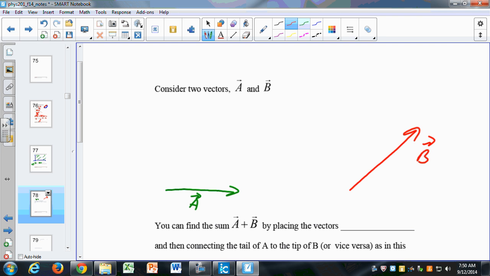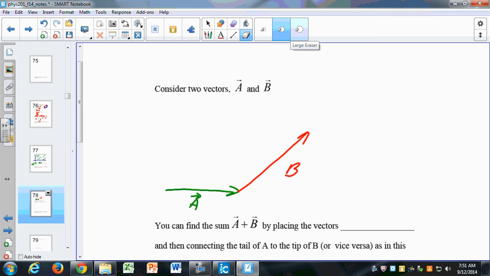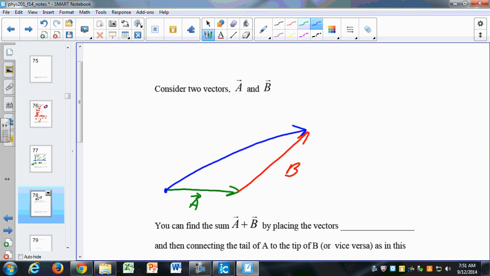So I can take this vector B and translate it over here. That's my vector B. Then I can connect the tail of A to the tip of B, and I get the vector A plus B.